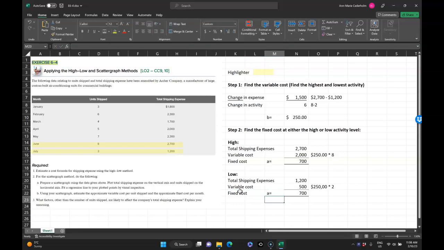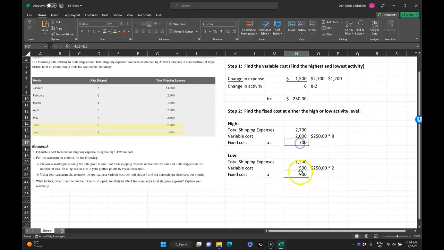Okay, so we calculated the variable part, we calculated the fixed part, and again, these two are dollar amounts. So step 3 is put together the cost formula. So I like to just repeat the cost formula, so y equals a plus bx. So I have that memorized.